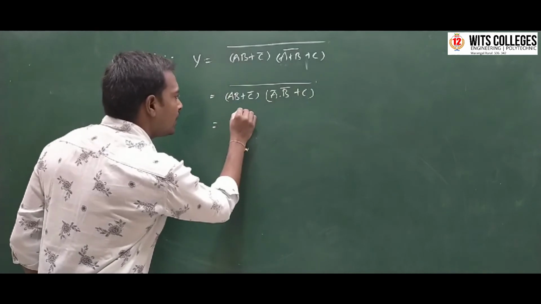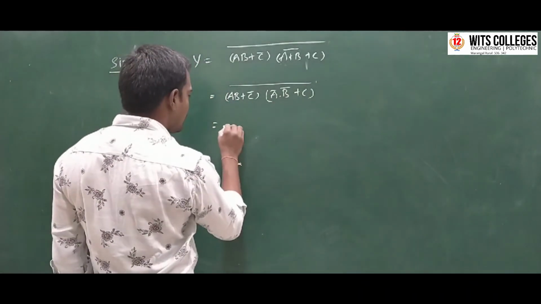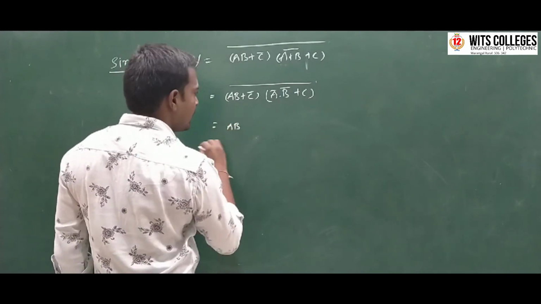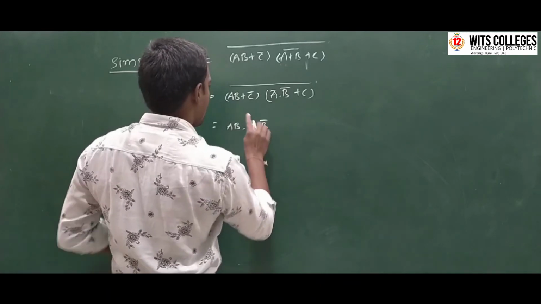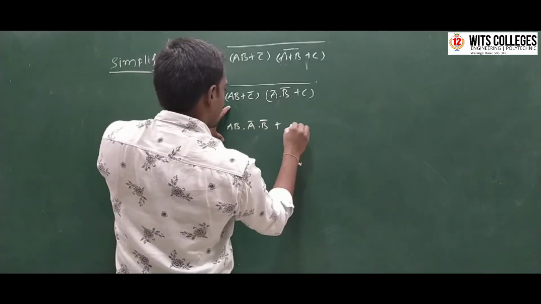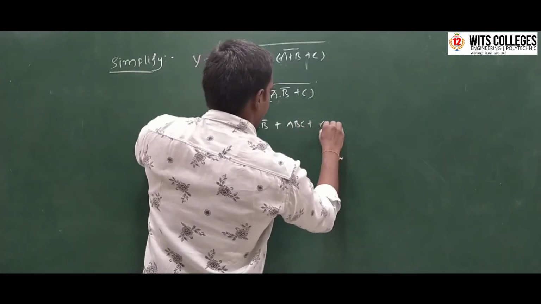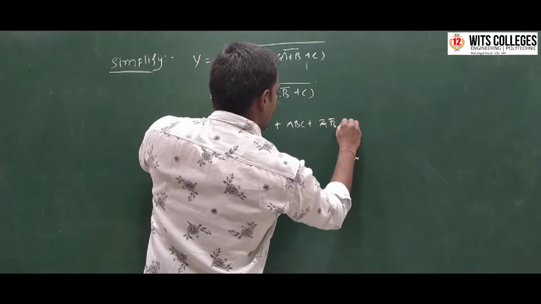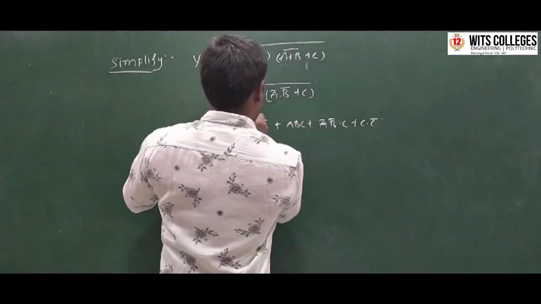Multiplying each variable, we will get a into b into a bar into b bar plus a into b into c plus a bar into b bar into c plus c into c bar, whole bar.